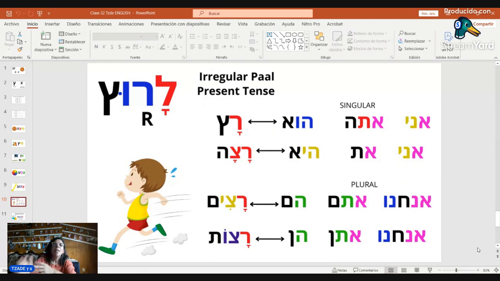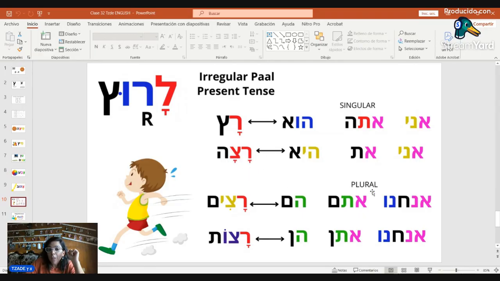Okay, we are going to conjugate the verb run, and it reads la'rutz. This is also a pa'al verb, but it's irregular, so we are going to see some differences.